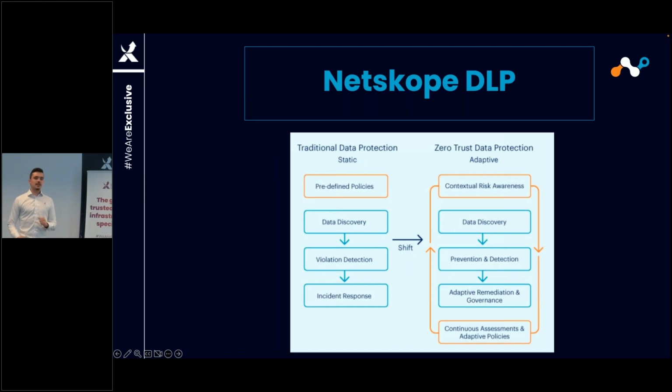In addition to that, Netskope goes a step beyond traditional data protection solutions, which are pretty static. Netskope tries to be adaptive, and they refer to that as zero trust data protection. As Stan mentioned, having a lot of information on what's going on, having enough context, and using that context for your DLP profiles, that's the key of Netskope. And that's the reason why Netskope can provide you best-in-class DLP.